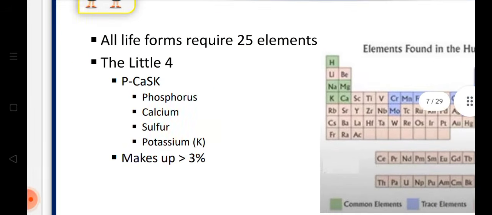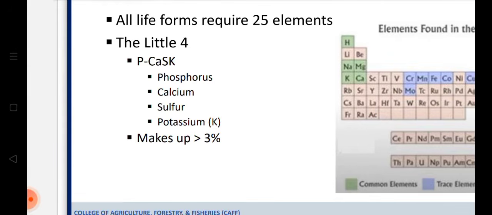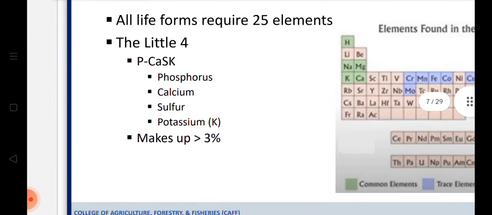After the big four, we also have the little four. Remember that the big four, CHON, makes up 96% of the living matter. How about the little four? We have the term P-CaSK: P for phosphorus, Ca for calcium, S for sulfur, and K for potassium.